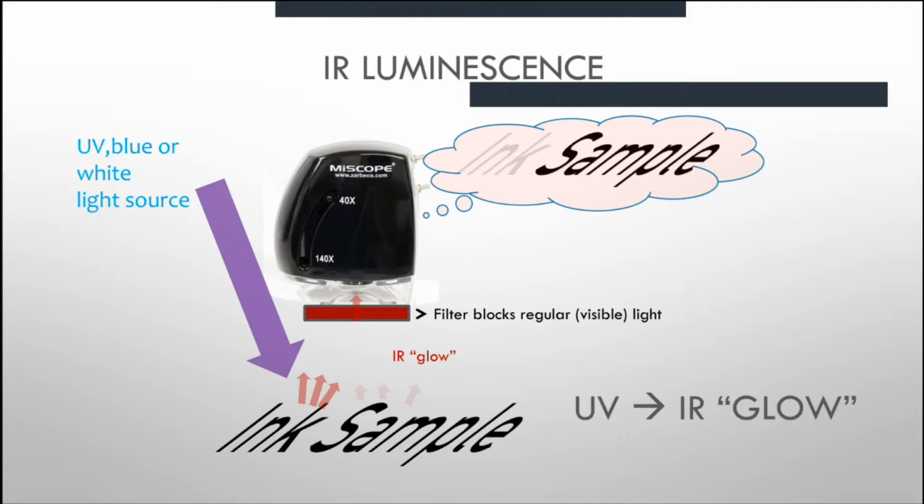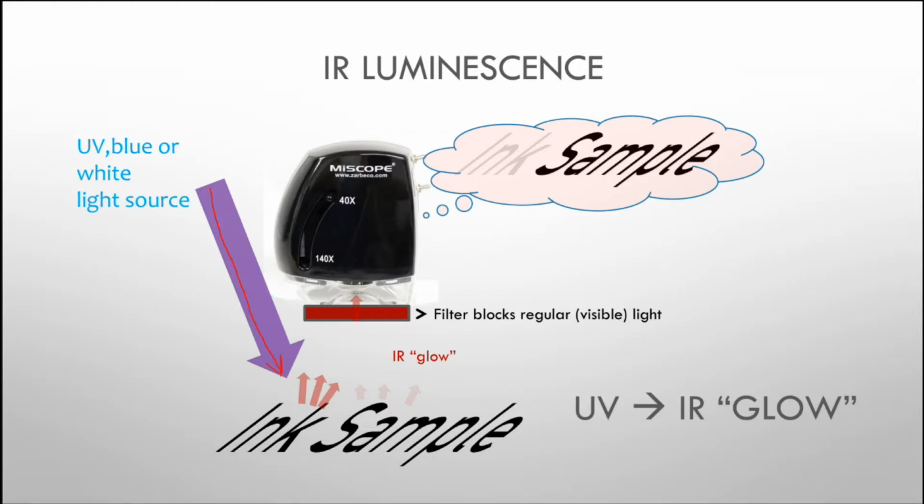But we're going to use a light source that's our excitation light source. That is, this is going to be the light source that is going to induce a chemical reaction of some kind in the ink. It's not really a reaction, but a chemical response. So in this case, we're now shining typically UV or blue or sometimes a white light down.